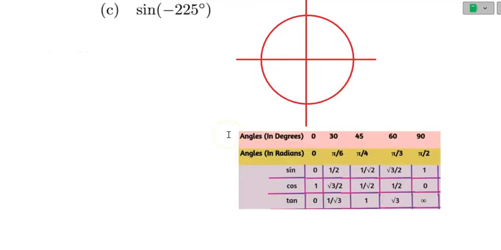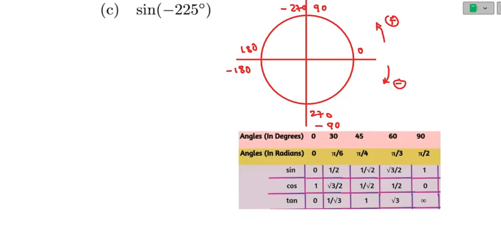We are up to the last question, and what you need to know is this: if I turn in the positive direction, this will be 0, 90, 180, 270, and then 360. If I turn in the negative direction, this is going to be minus 90, minus 180, and minus 270.